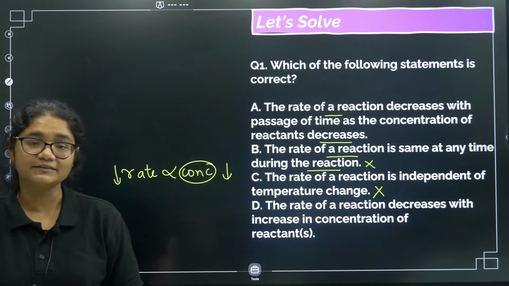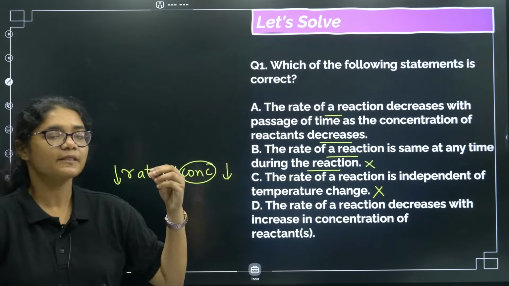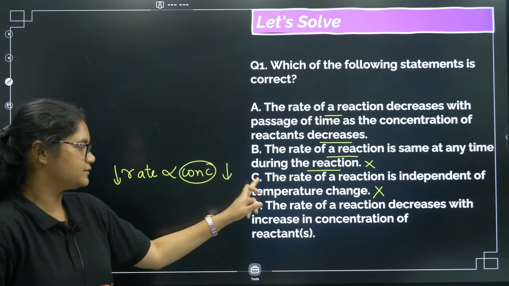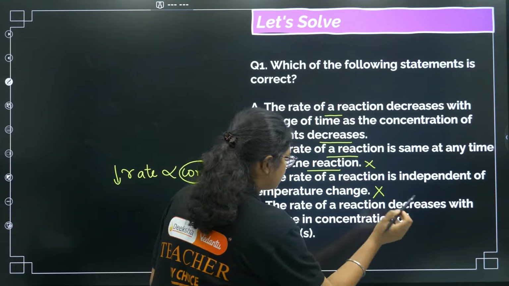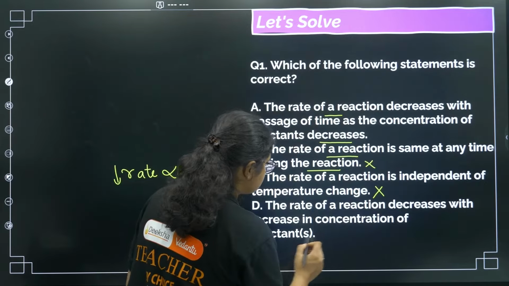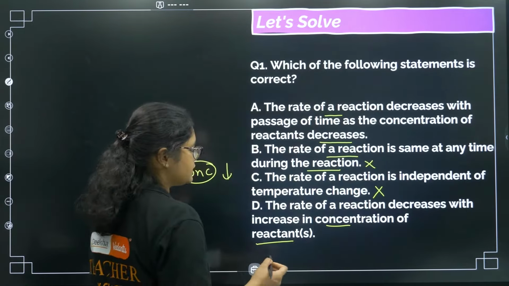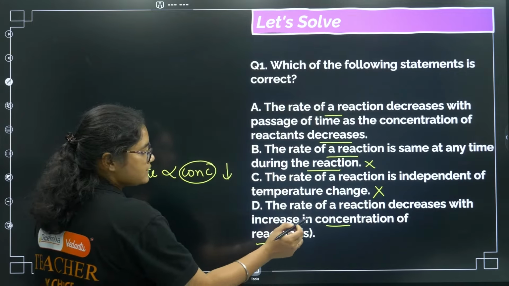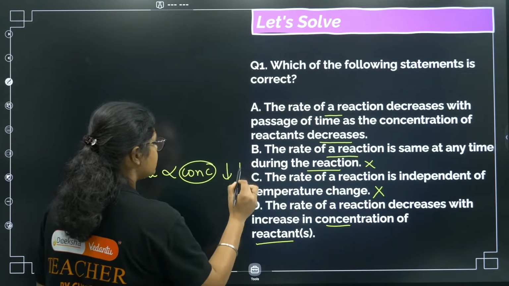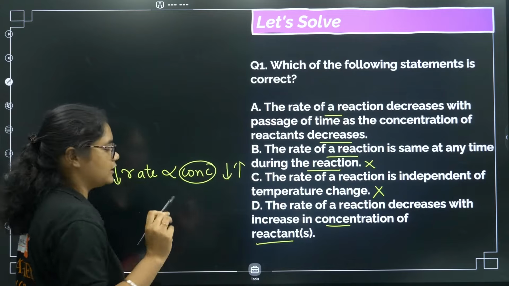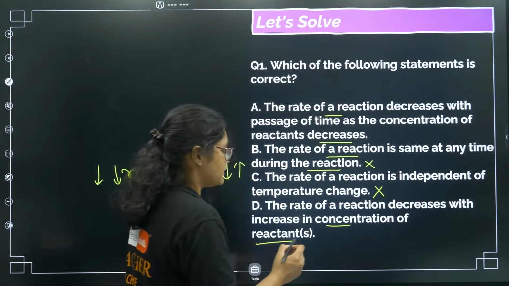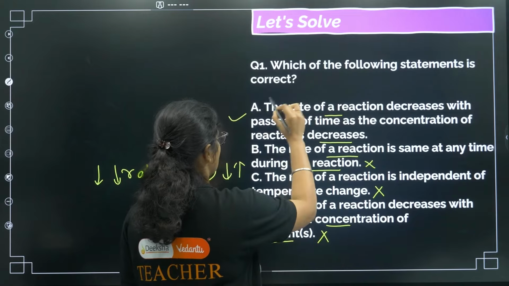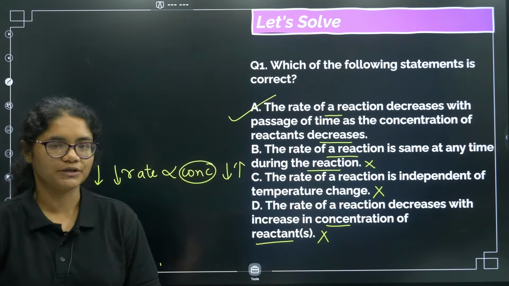No, just now we discussed that if temperature increases, rate will also increase, so this is also a wrong statement. Now coming to the last one, the rate of a reaction decreases with the increase in concentration of the reactants. It is telling that if the concentration increases, then rate will decrease. Again, this is a wrong statement because it is directly proportional, right? So I can eliminate this also. The correct answer for this question will be option A.